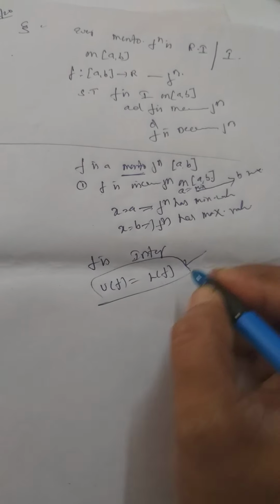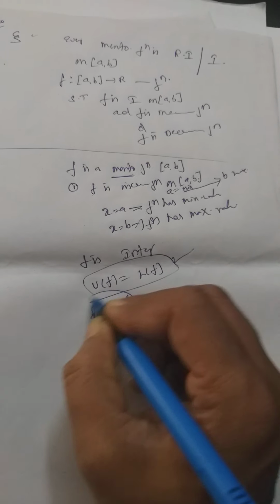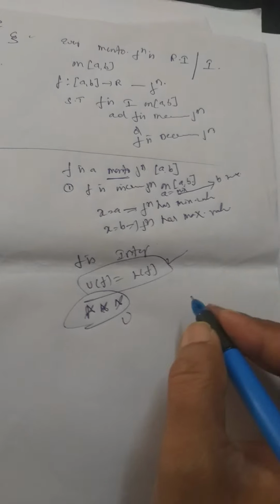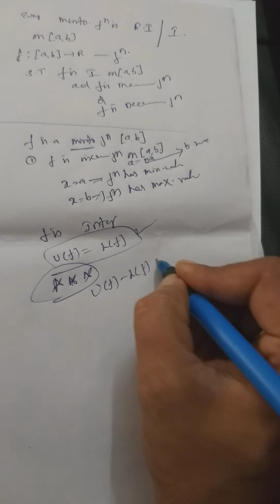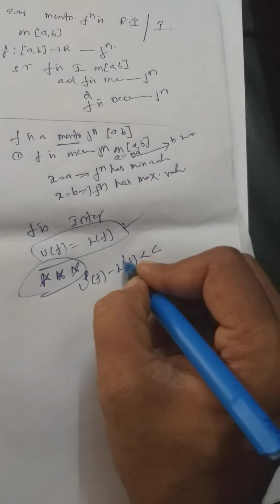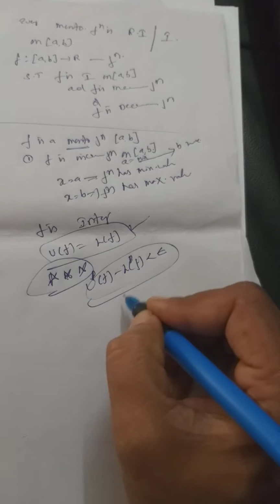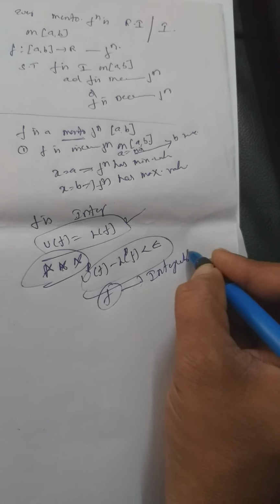This is the definition. Or else, a very, very important concept: we can use one theorem statement. If U(f) minus L(f) is less than epsilon, then we can say that f is integrable.